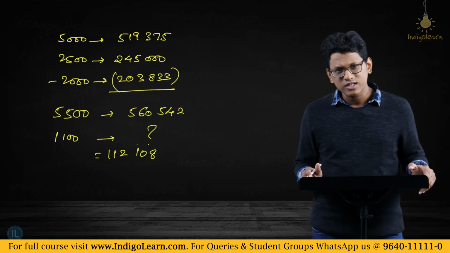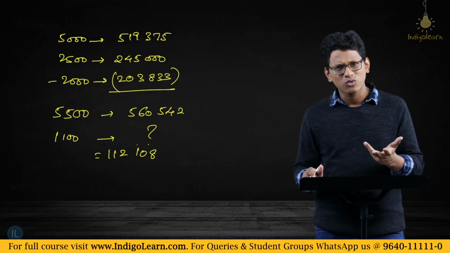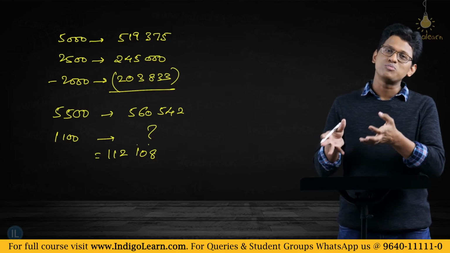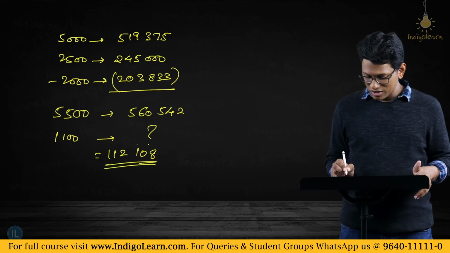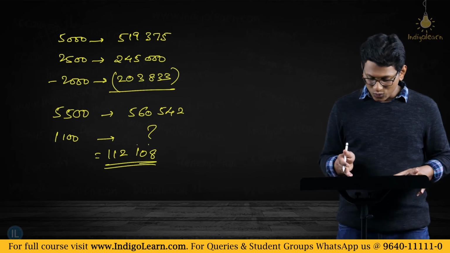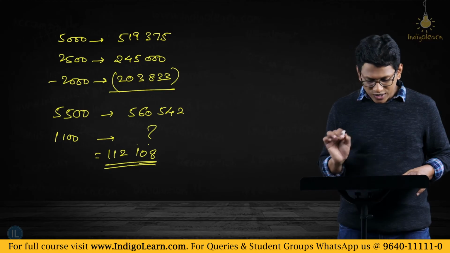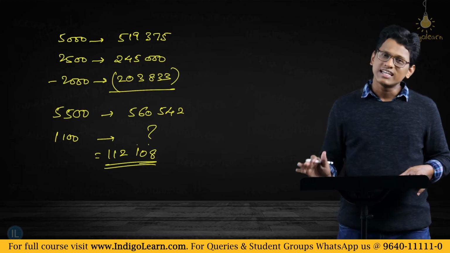So 1,12,108 is the cost. What do you mean by cost? It is the cost of debentures which became equity shares. Okay. So the shares we got are worth 1,12,108. How many shares did we get? We got 10,000 shares of rupees 10 each.